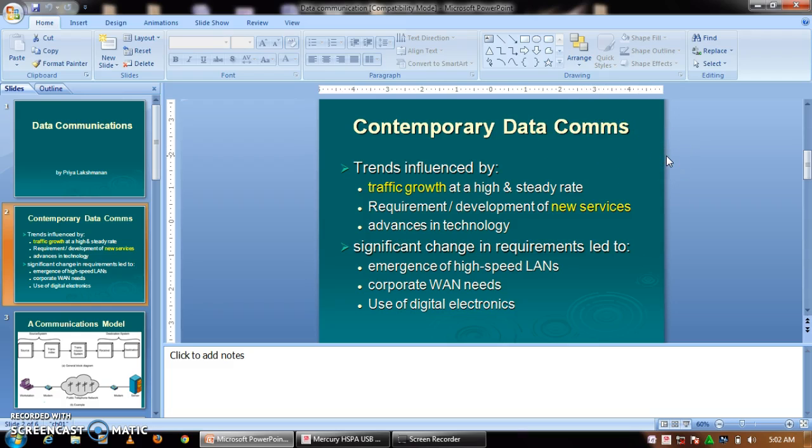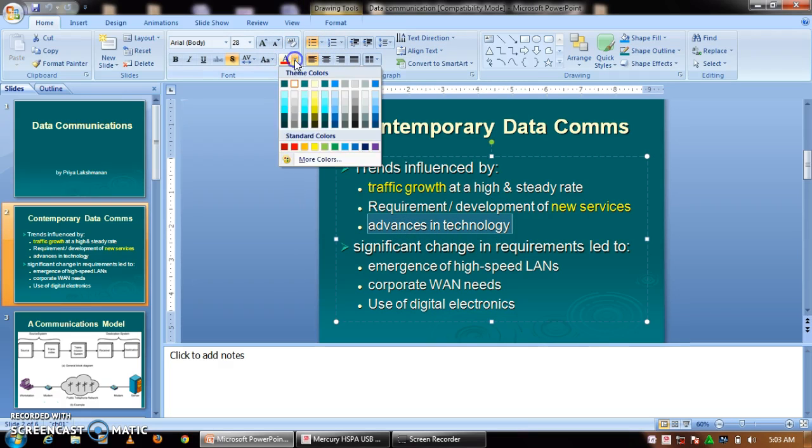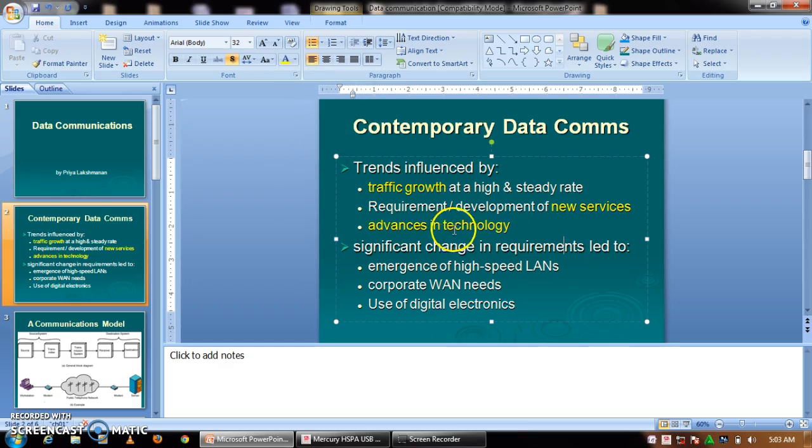This trend is influenced by three different forces that have consistently driven the architecture and evolution of data communication and network facilities. The three influencing factors are traffic growth at a high and steady rate, the development of new services, and advances in technology.